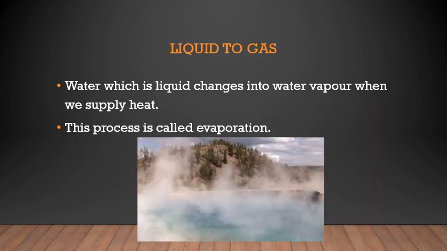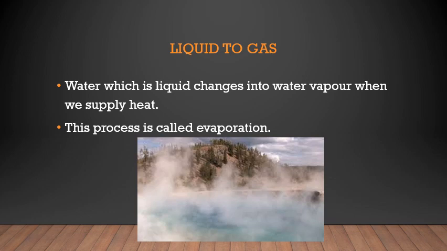Then liquid to gas state. As you have already learned about evaporation, what happens in evaporation? The liquid form of water changes into water vapor, that is the gaseous form. So water which is in liquid changes into water vapor when we supply heat. This process is called evaporation.